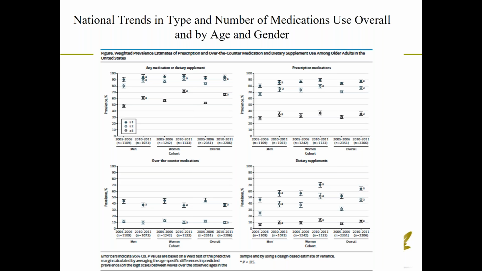But I think dietary supplements, again, an important component of older adult health. We found that more than half of older adults use at least one dietary supplement, and about a third use 2 or more, and about 10% use 5 or more dietary supplements. So it's an important part of the medication taking behavior of older adults.